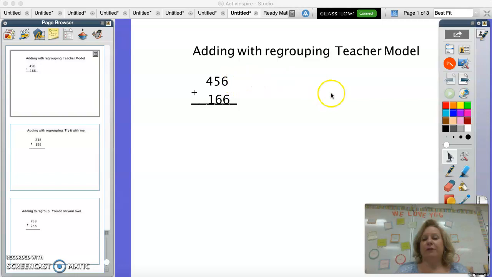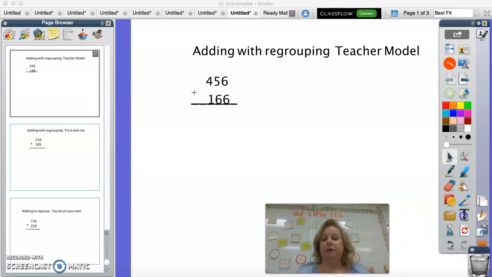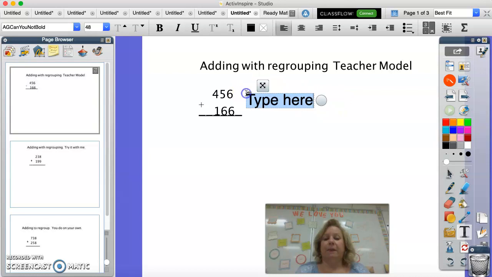So I have 456. What I can do is add 400 plus 50 plus 6.